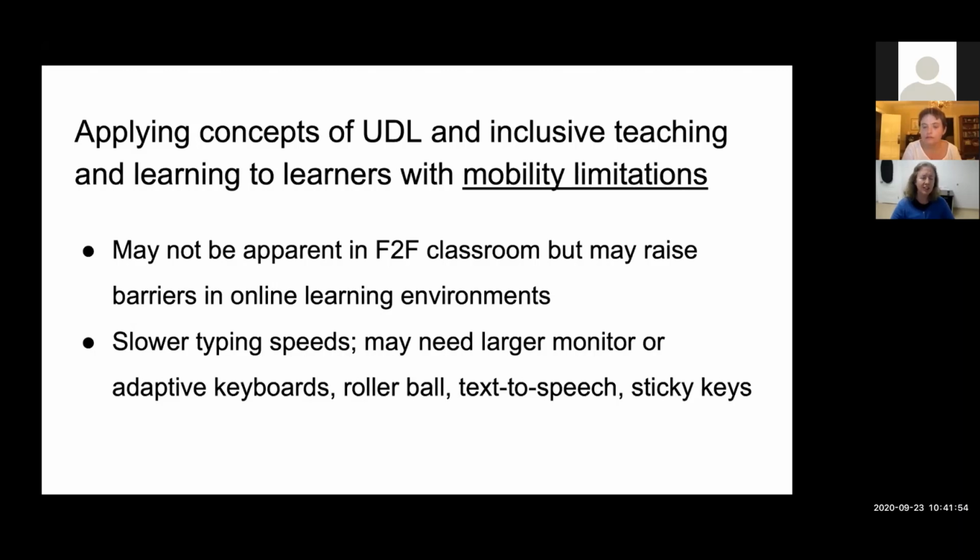And so just being aware that there could be invisible disabilities, and then if you see someone who seems to need a bit more help, just being a bit more patient with that and maybe asking questions of how you can accommodate, as Dr. Spina said, to make sure that everyone has full access to all of the materials in the best way that's suited for their needs.